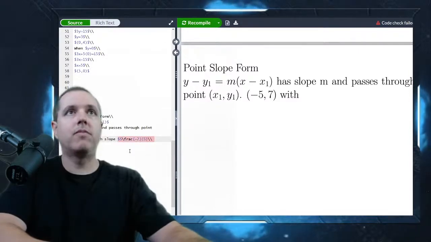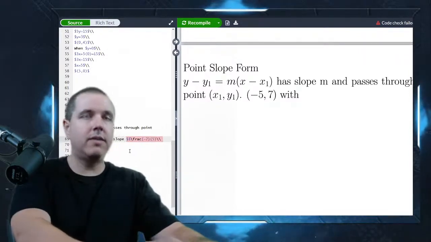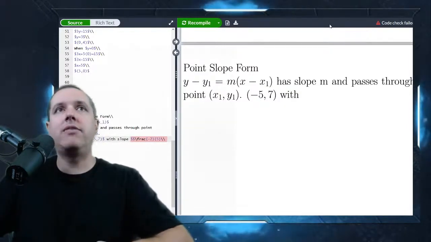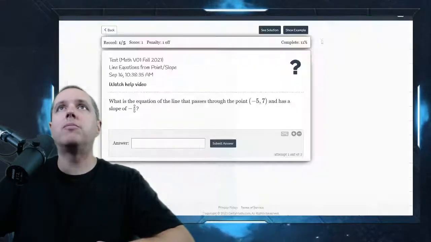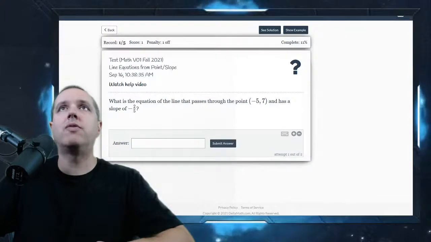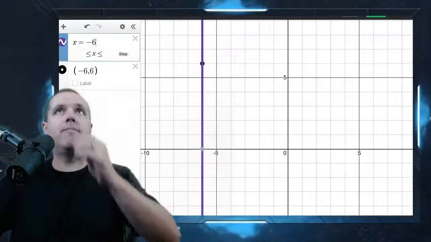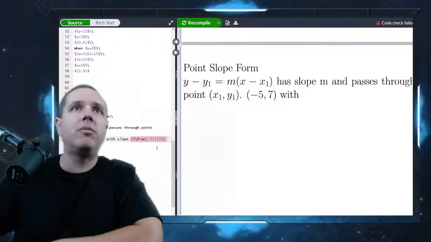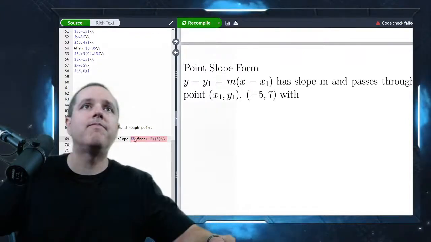So we have a point, negative 5, 7 and negative 2/5 is our slope. Did I get that right? Negative 5, 7 and negative 2/5. Okay, so that's the information from the problem. Uh-oh, I've got a typo.